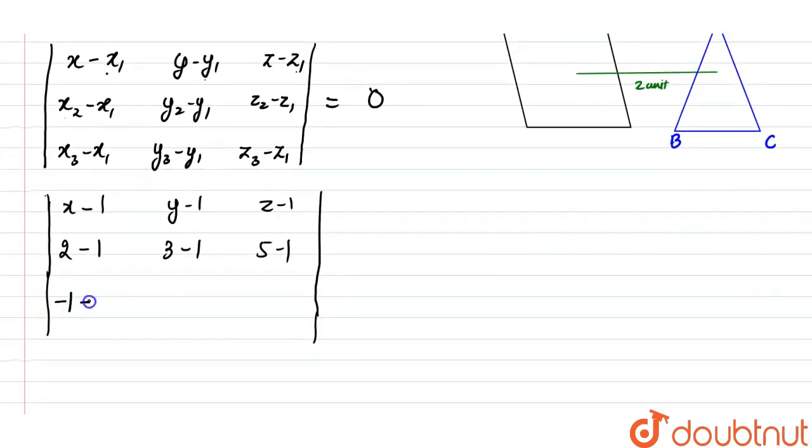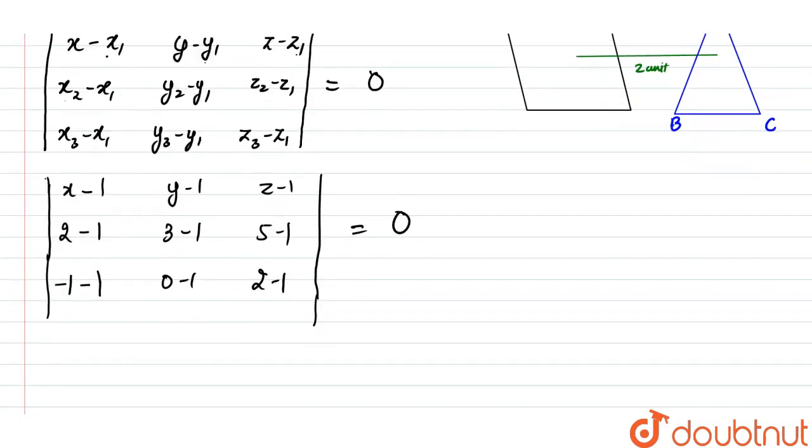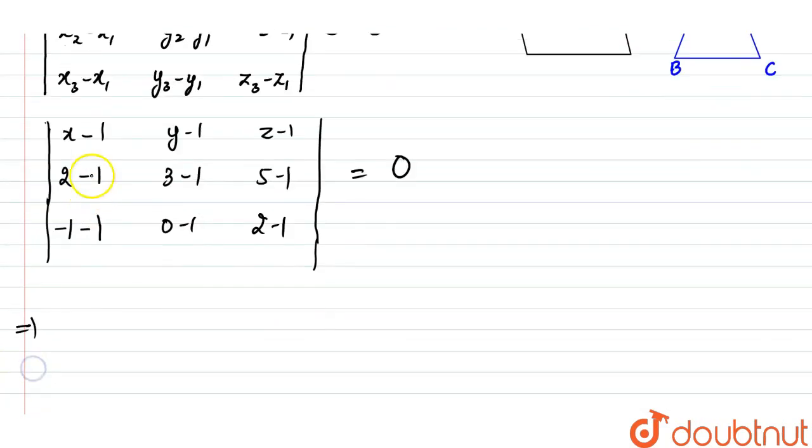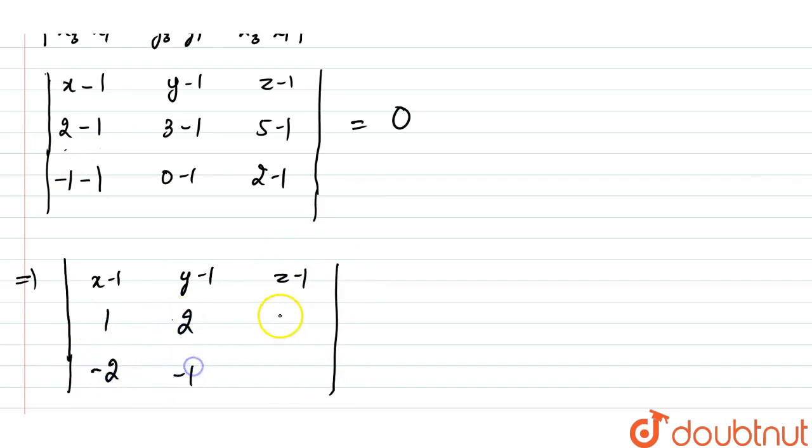So this will be minus 1 minus 1, 0 minus 1, 2 minus 1. Now this is the determinant: x minus 1, y minus 1, z minus 1; 1, 2, 4; minus 2, minus 1, 1; is equal to 0.